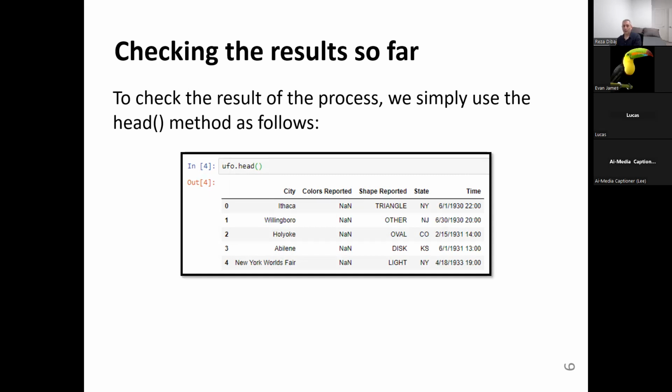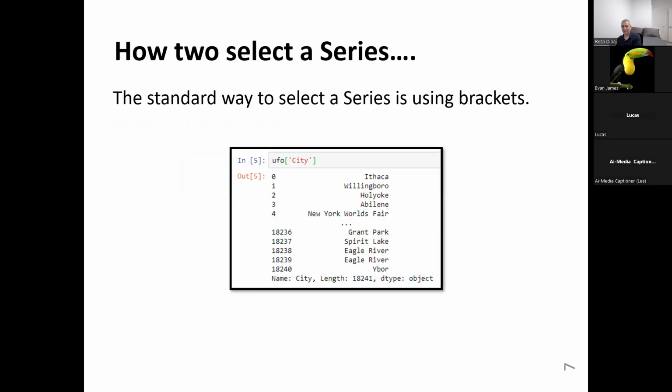For doing that, one of the options that we have is simply saying UFO, as Anand suggested, saying bracket, single quote or double quote, both work, city, and then we should get the result as you see on slide number 7. Please confirm by typing 3 if you get similar results. Thank you very much. Thank you, Algora.